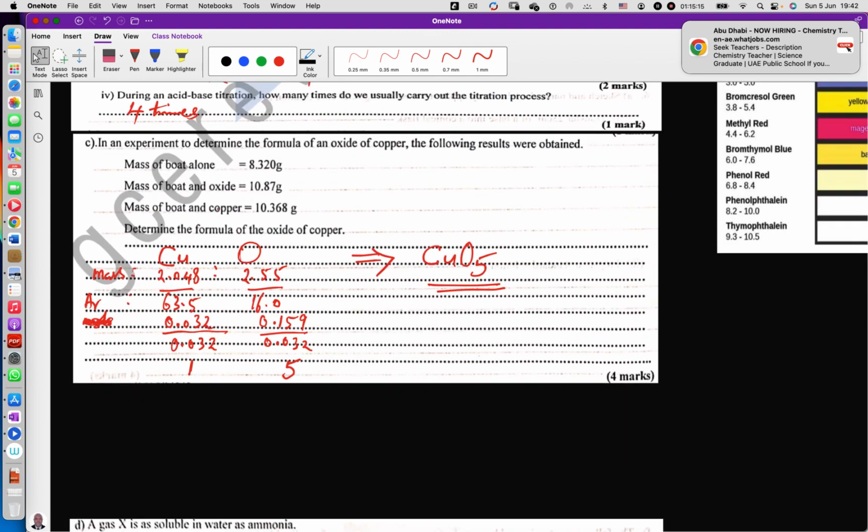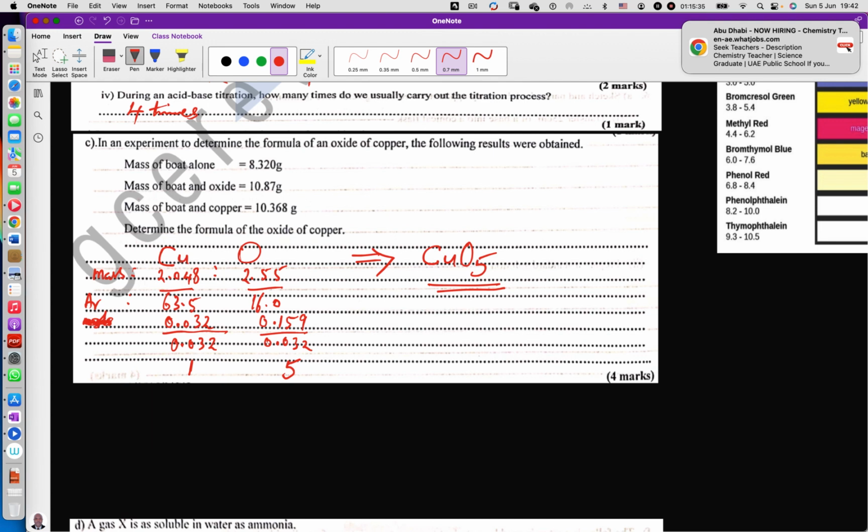Now, in an experiment to determine the formula of an oxide of copper, the following results were obtained. I have the mass of boat alone, which is 8.320, the mass of boat and oxide, and the mass of boat and copper. Determine the formula of the oxide.